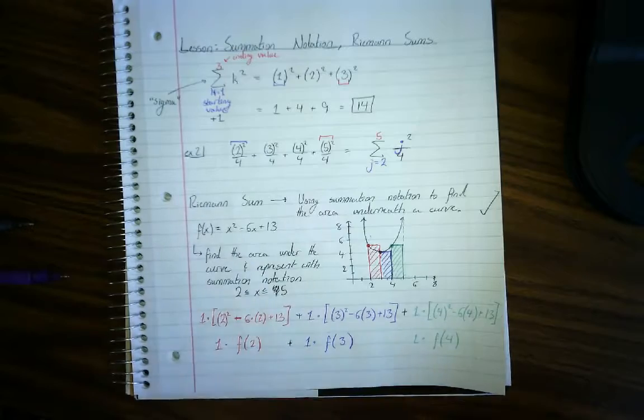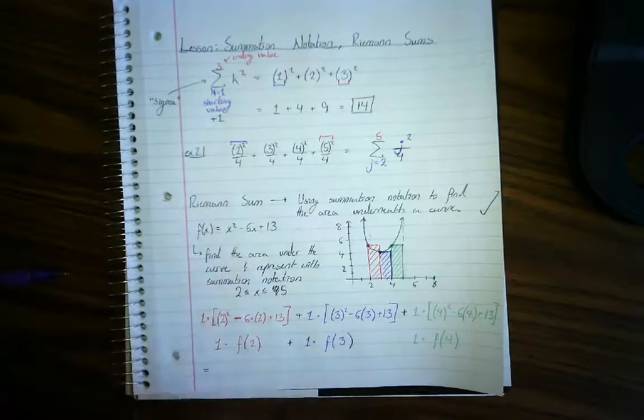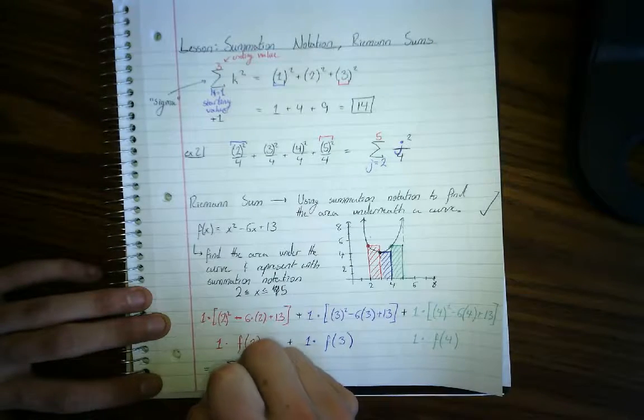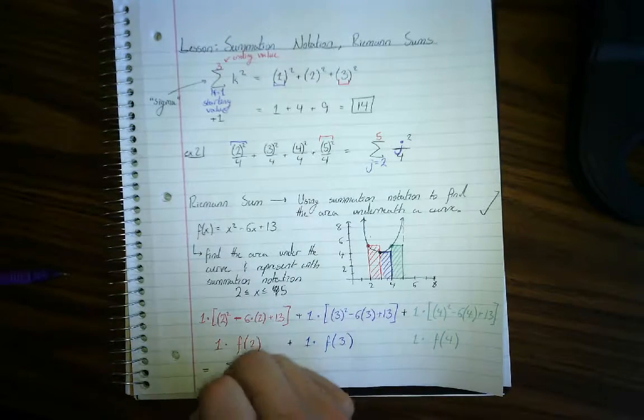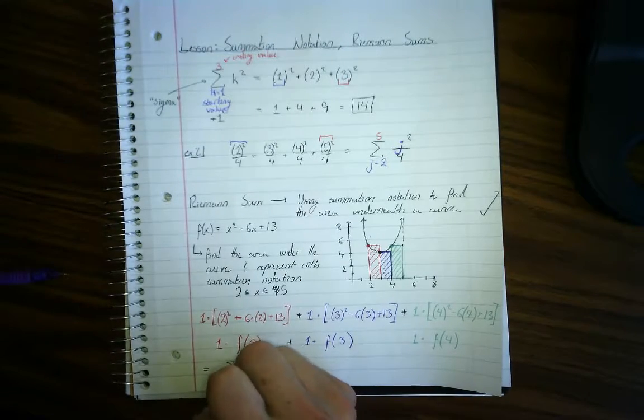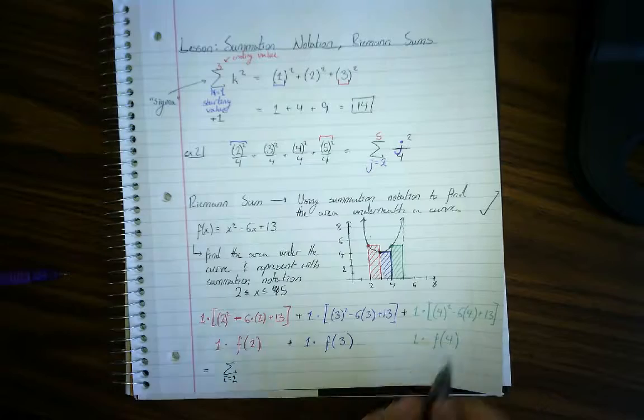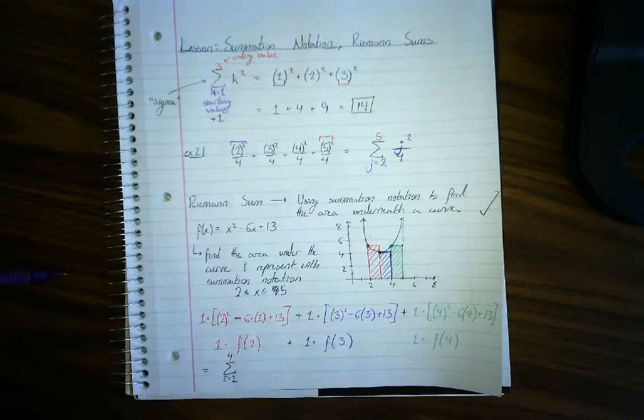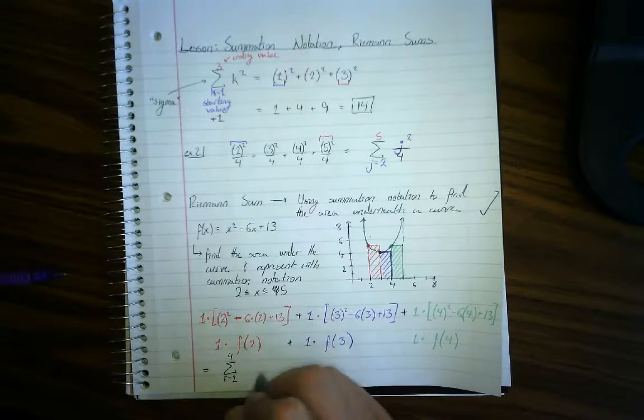So if we were to actually write out a Riemann sum for this, we could see it as the sum. We're starting at 2, so in this case, I'm just choosing i equals 2, going all the way up and ending at 4. Now we have our general function.